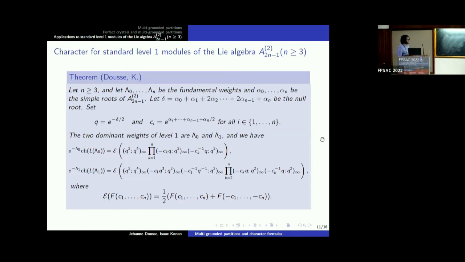So this is a product of Q series of a Q-Pochhammer symbol, and here this operator E is just the mean of the function, and the function where we change all the parameters, the color C, by the opposites, and you have this nice formula.